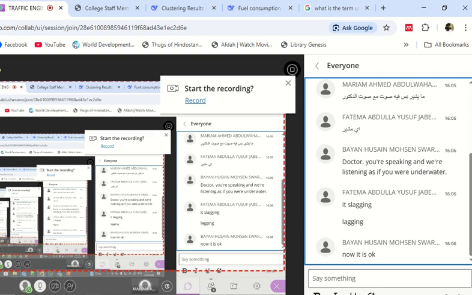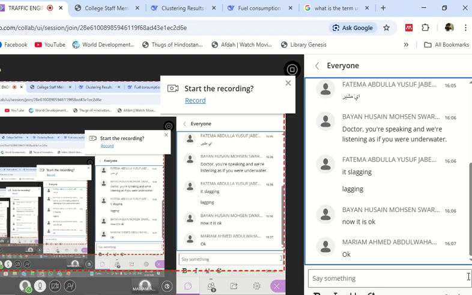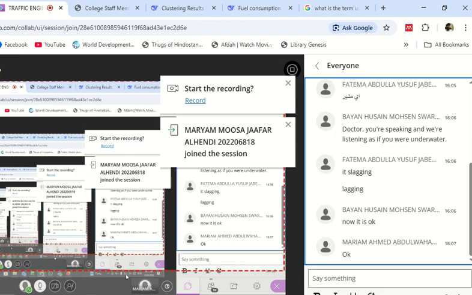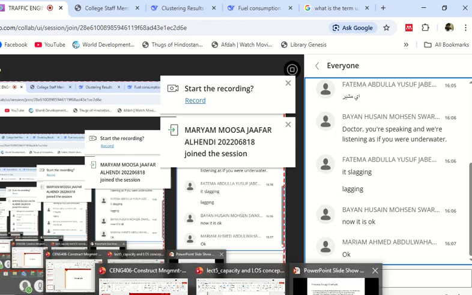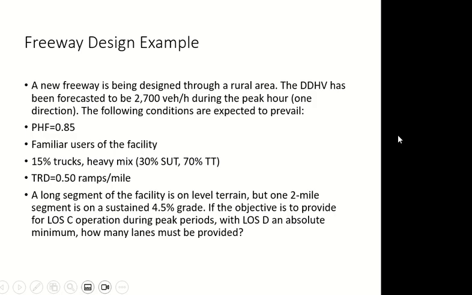How is it now? Okay. I believe there was a problem with the blackboard then. If you have something like this, we can shift to Teams then. Okay, what can we do? Moving on.